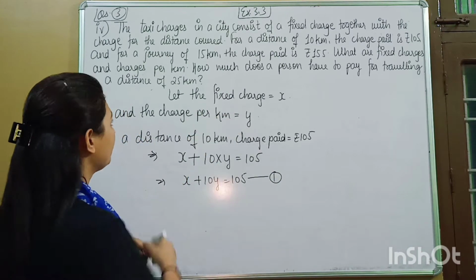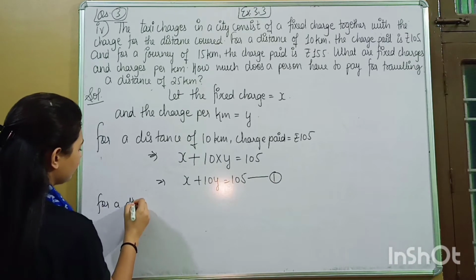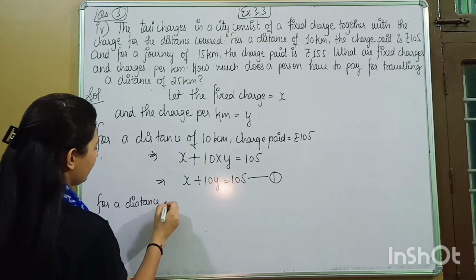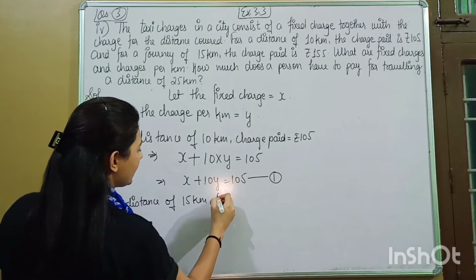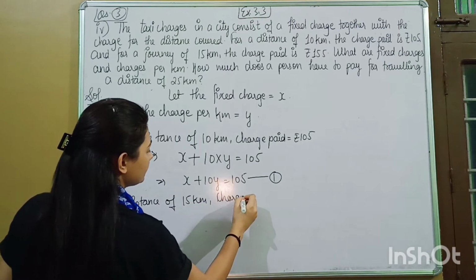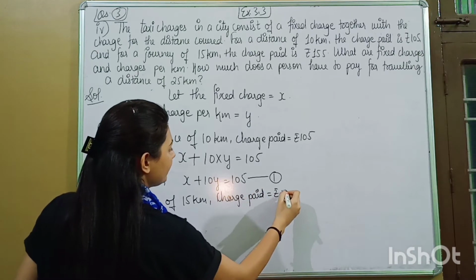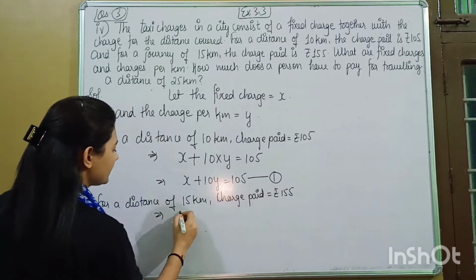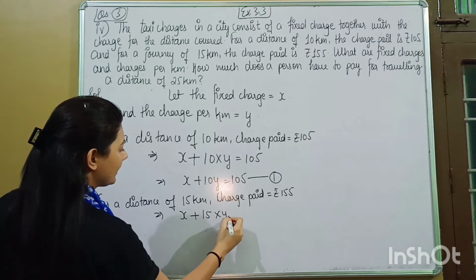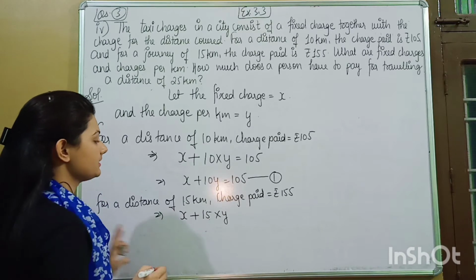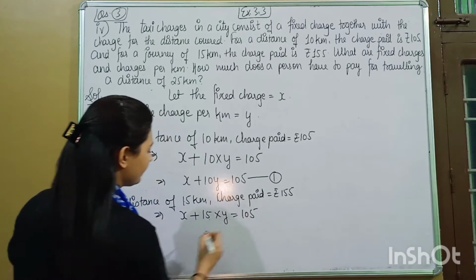Now for a distance of 15 kilometers, the charge paid is rupees 155. The fixed charge will be written as it is, and the charge per kilometer, y, will be multiplied by the distance, that is 15 into y, equals 155.